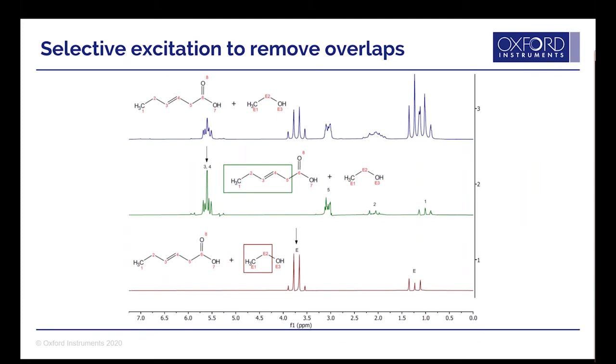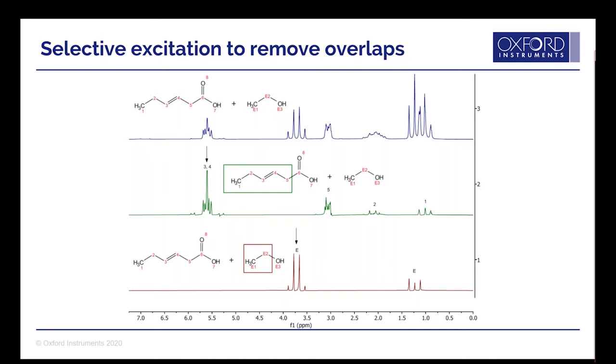So selective excitation. Here we have two compounds in a mixture, hexanoic acid in ethanol. If we look at the spectrum from the mixture at the top in blue, you can see that there are a huge set of peaks, but we don't necessarily know which ones are associated with which molecule, and there are some definite overlaps between peaks from the two molecules.